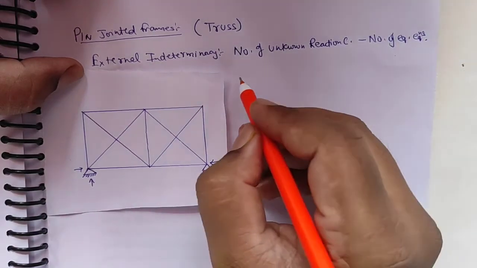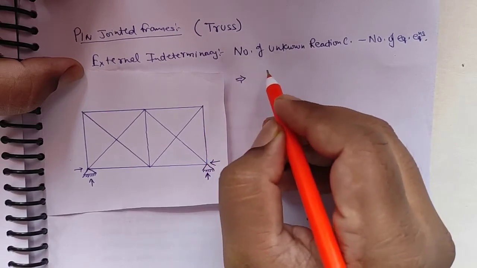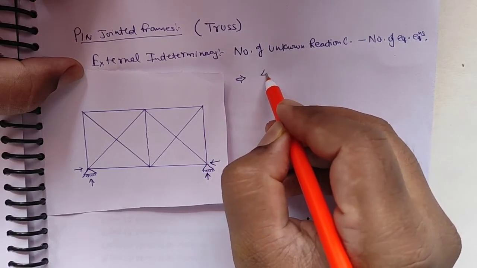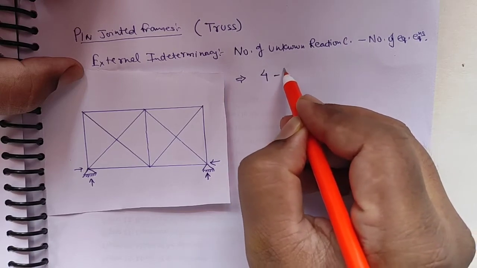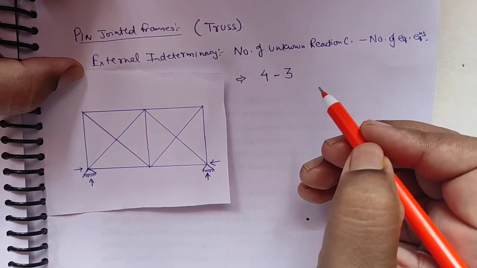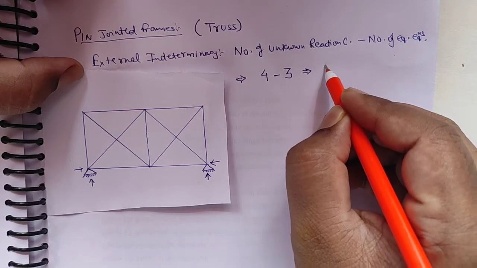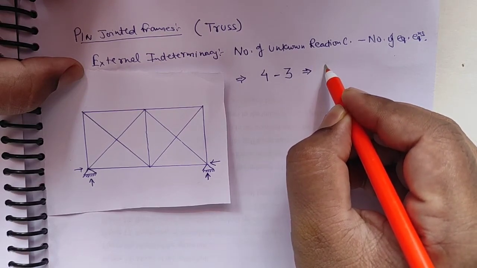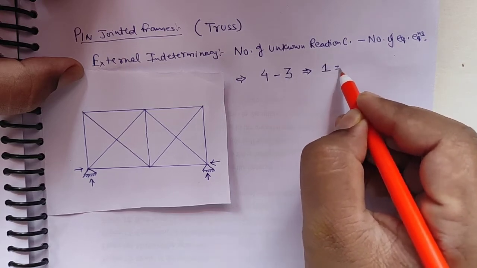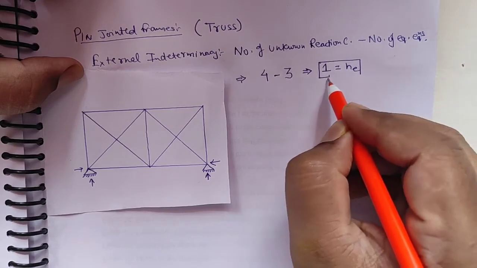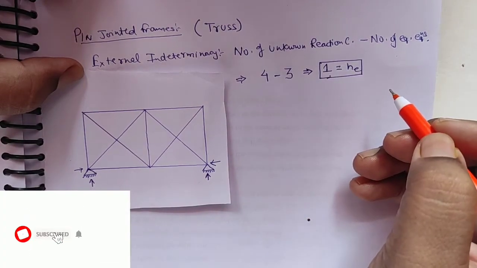So the total number of unknown reactions is 4, minus 3 equilibrium equations for this type of frame. So the total degree of external indeterminacy will be 1. Let me name it Ne.